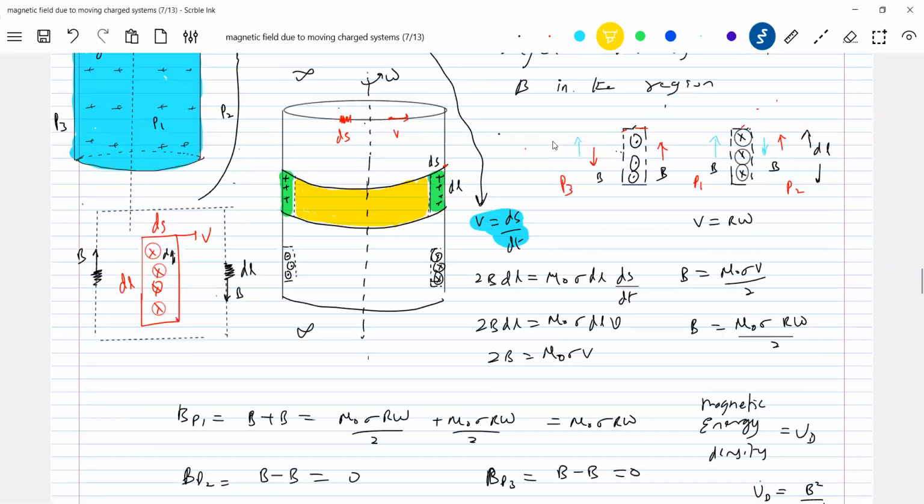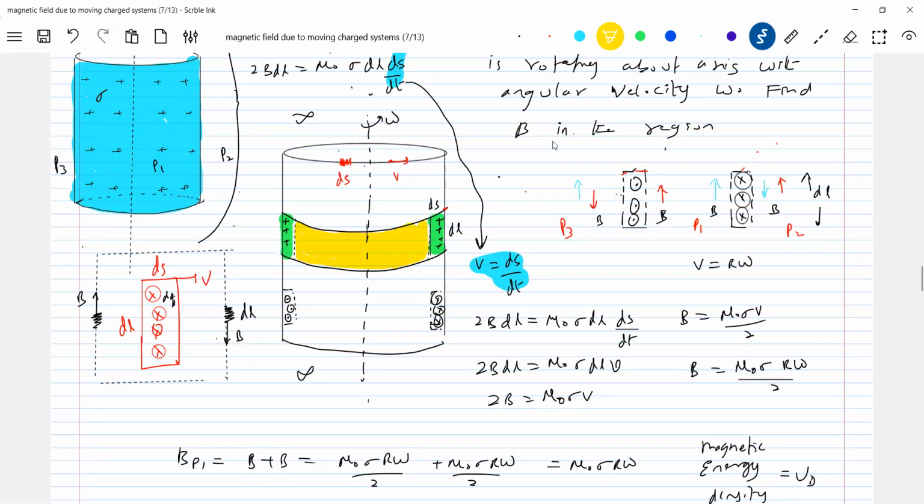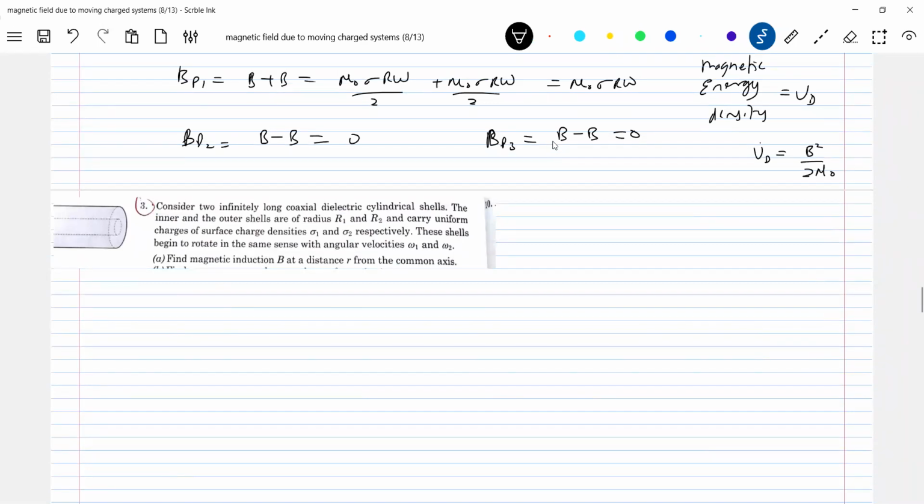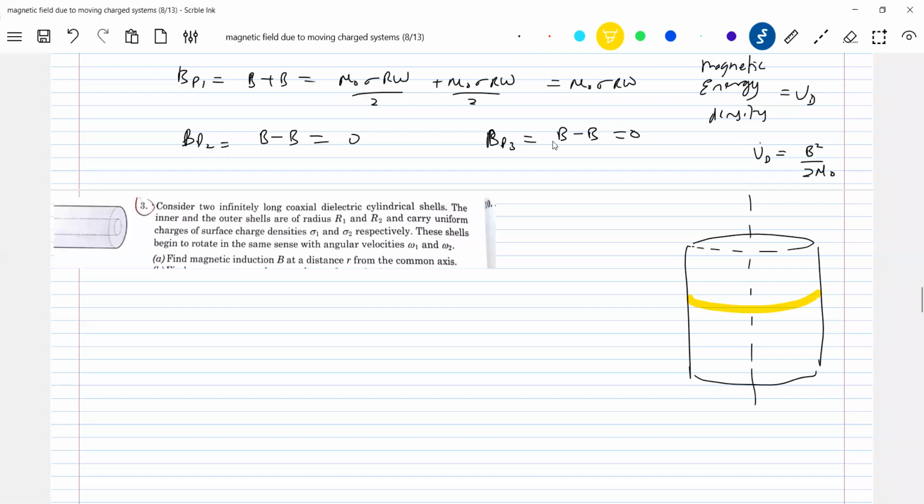Okay, fine. So this is a generalized way I'm putting this one. It's one of the methods I'm showing. So if you want, you can try that one. So what to try? It is like this. This is a ring. Instead of this strip, you directly take a ring like this.